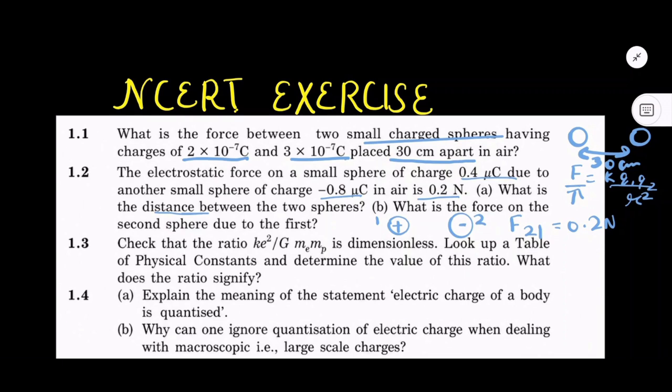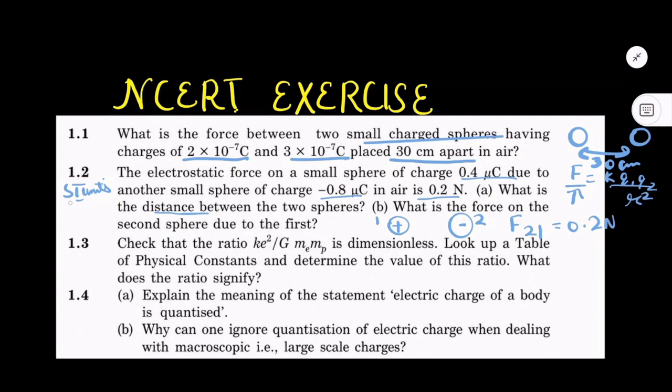Just keep in mind that here you have to note the units. It is in microcoulomb, so you have to write it in terms of coulombs, and that will be 10 raised to power minus 6, right? So the things you have to keep in mind in these two questions is your SI units, that is everything is in SI unit, since in the first question the distance is given in centimeters.